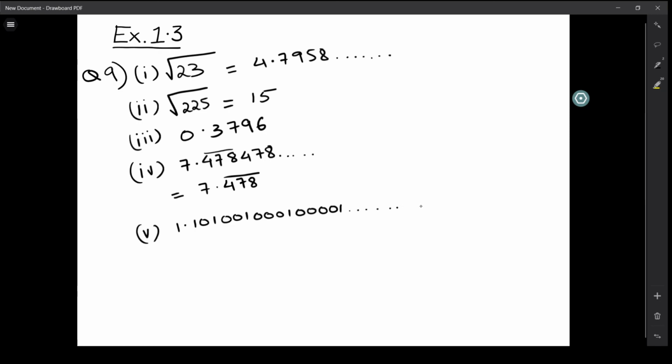This, being a non-terminating sequence, is also a non-recurring sequence. We can't find a group or a block of digits that repeat itself, although there is a pattern that goes on indefinitely. And by that definition, this is an irrational number. And that completes this entire exercise.